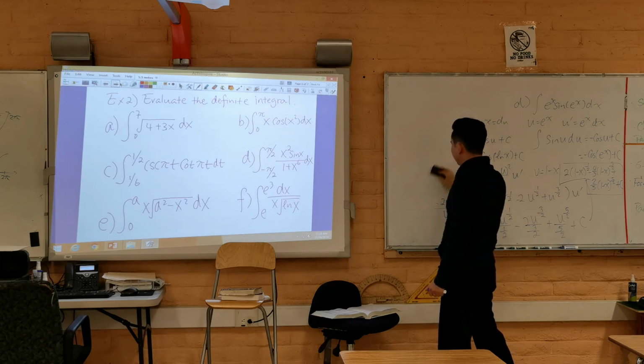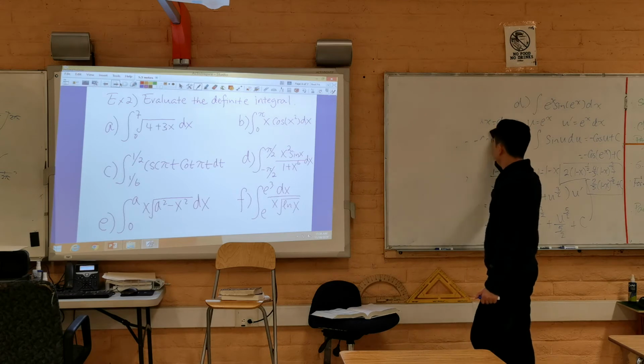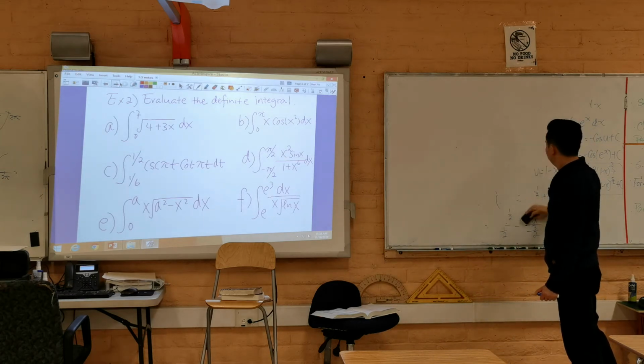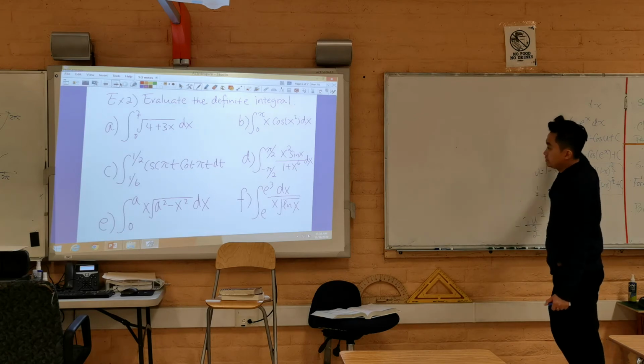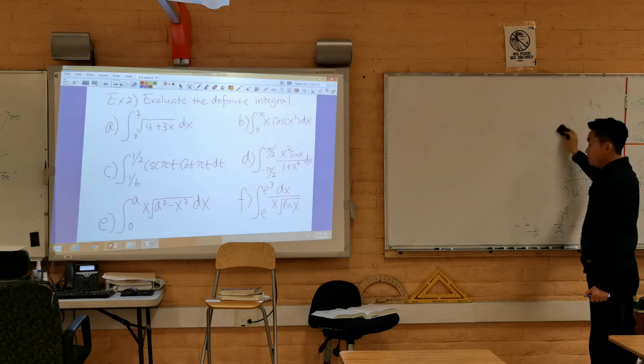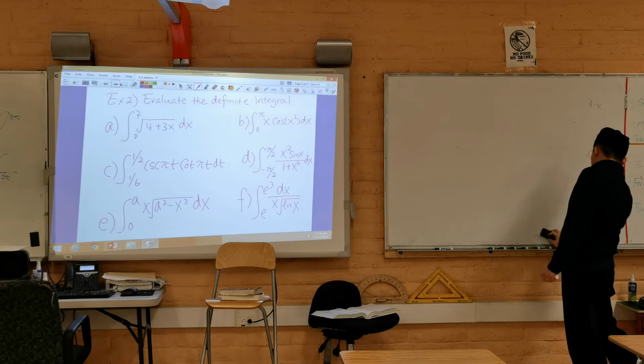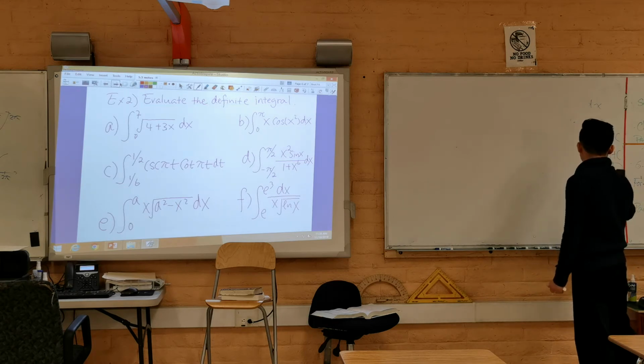Let's start with the easy one first. So let's start with A. That one is the integral from 0 to 7 of the square root of 4 plus 3x. Okay, so let's find out what to do with that u-substitution.